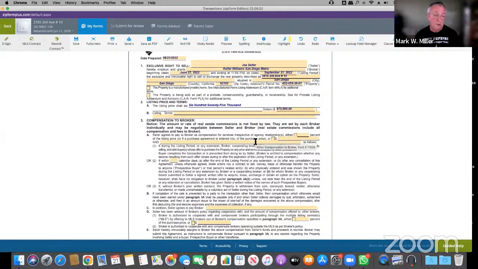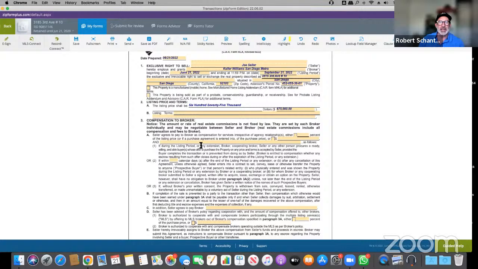We've seen listing agreements where the two parties, seller and buyer, wanted to get together, and so in 2B they said this listing agreement is only valid for offers from Mary Smith, who was the intended buyer, and that way the seller could sign a listing agreement and not feel like it was going to go to open market if Mary Smith's offer didn't go through. Whenever you run into a situation like that where you've got something special or unusual, just reach out to us.